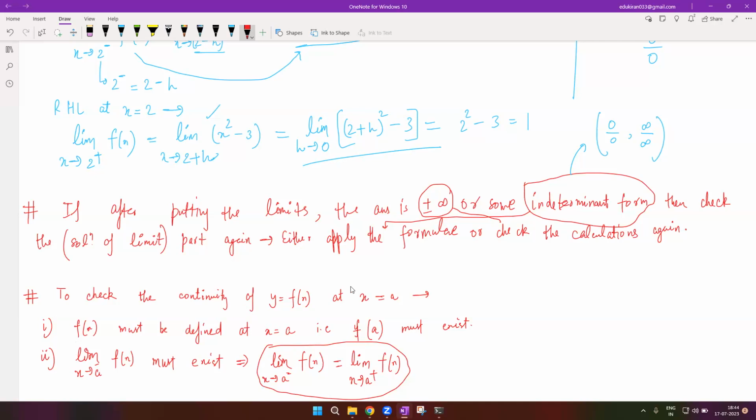So the first point is, if you want to check continuity of a function at some point x equals a, then for that point, the value of that function must exist. So if I'm checking for x equals a, f(a) must exist. Second point, limit x tends to a, f(x) must exist. That is, LHL at x equals a and RHL at x equals a must both be equal. And if the function is continuous, all three must be equal.